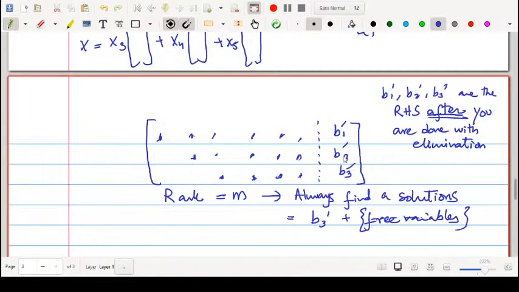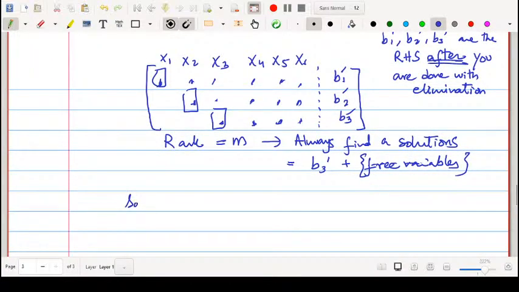And then you can plug that into the second equation, and then you solve it for this variable, right? So this was x1, this was x2, this was x3, and x4, x5, x6. What I'm trying to say is you can solve x1, x2, and x3 in terms of x4, x5, and x6, right?